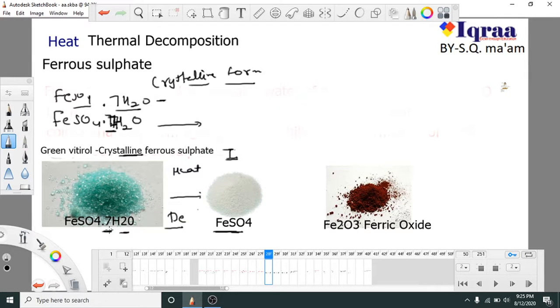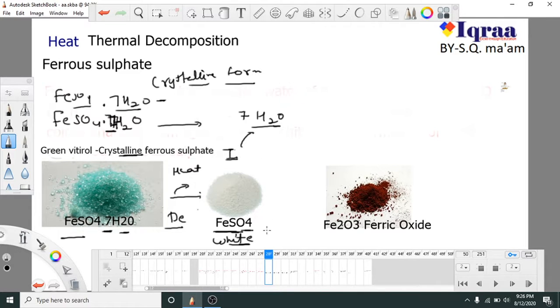So from the green vitriol, or hydrated ferrous sulfate, because it has water, when we heat it, it will evaporate all the molecules of water, and now it will remain only as ferrous sulfate, which is white in color. It is white because the water is removed. So this is decomposition, because water is removed.